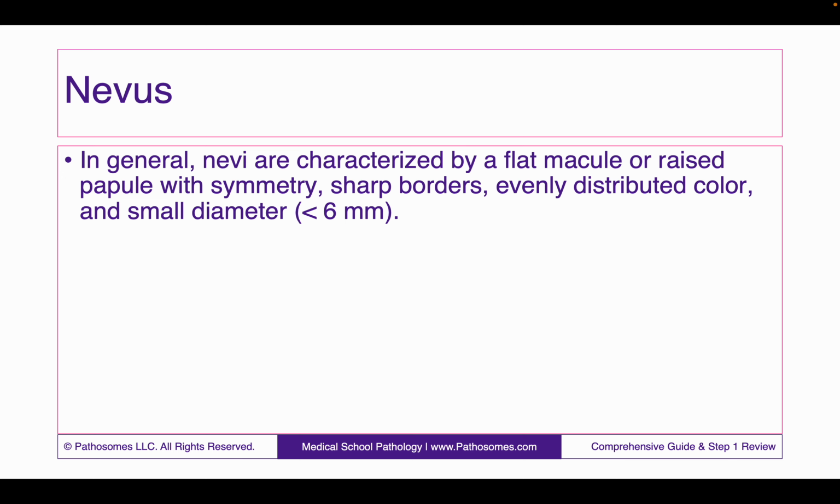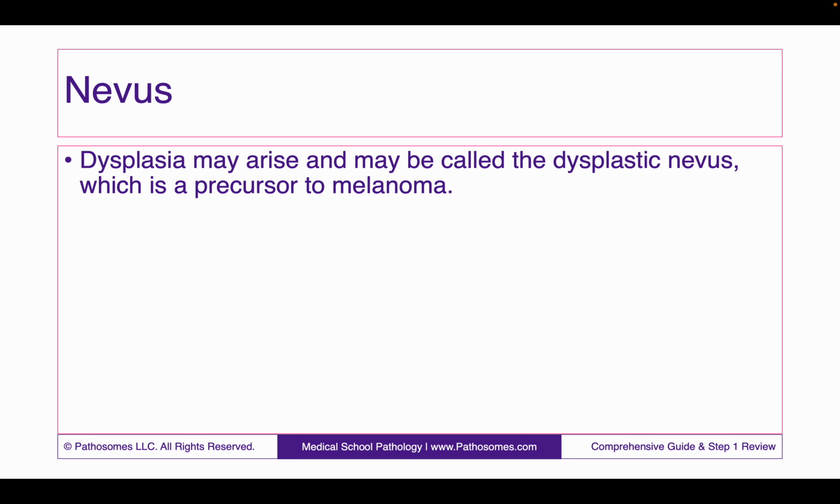Asymmetry, yes. Border, color, diameter, evolving. Okay. Now, dysplasia may arise and may be called the dysplastic nevus, which is a precursor to melanoma.